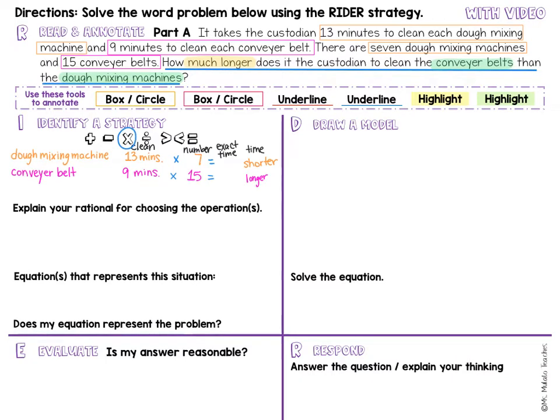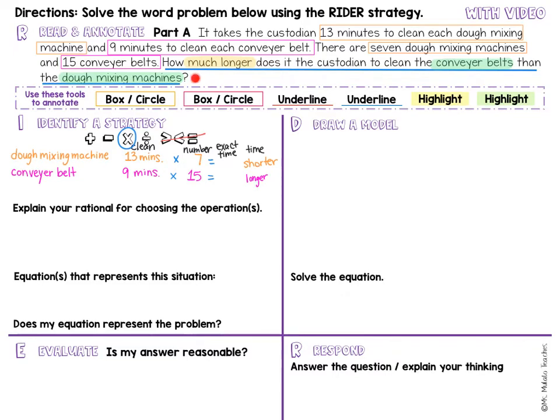What is the second step in our problem that is going to tell us how much longer it takes to clean the conveyor belts? Your first idea might be to say we should compare them. But we already know that the conveyor belt takes longer because it says that in our question. It says the conveyor belts take longer than the dough mixing machines. So comparing is actually not what we're going to do.